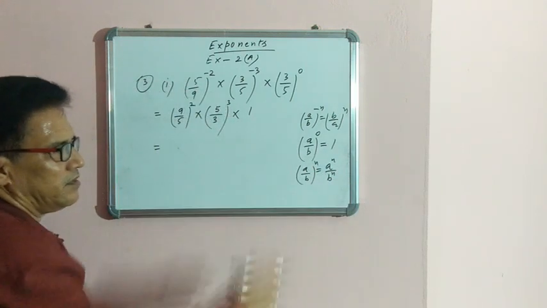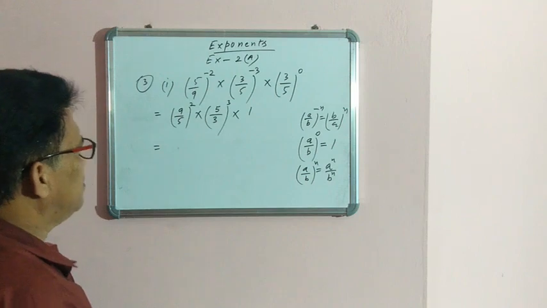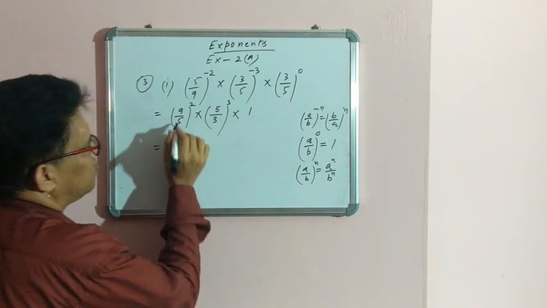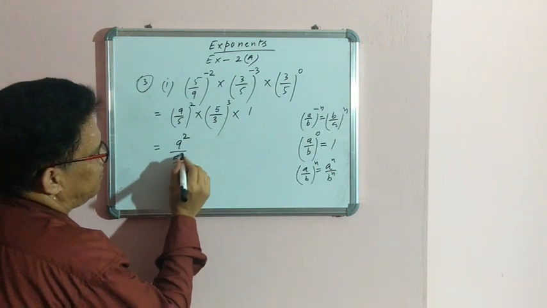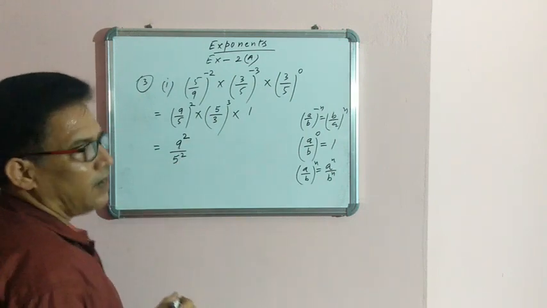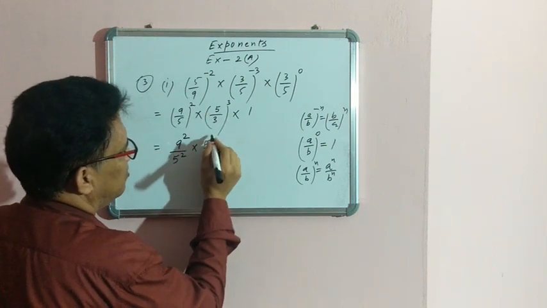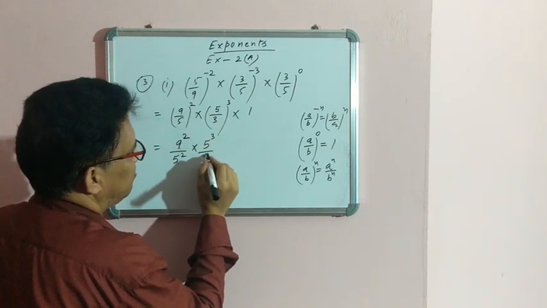We can separate the exponent here. So we will write 9 power 2 upon 5 power 2, and 5 power 3 upon 3 power 3.